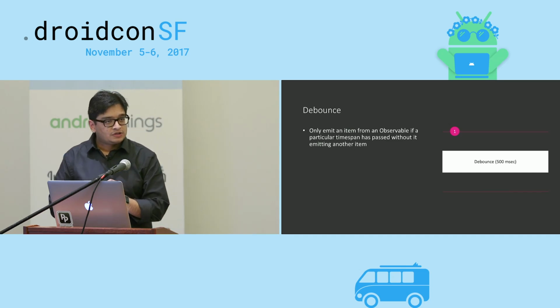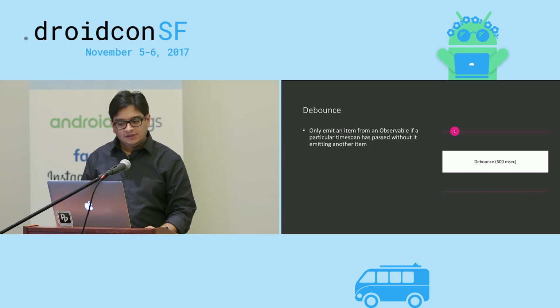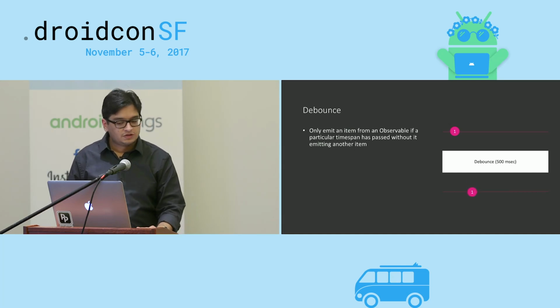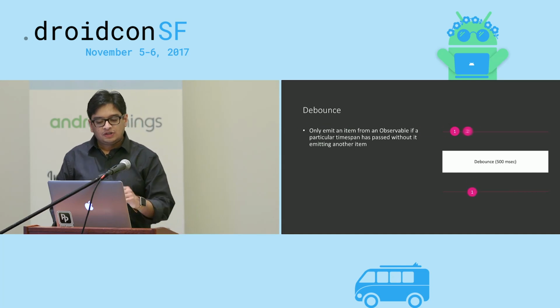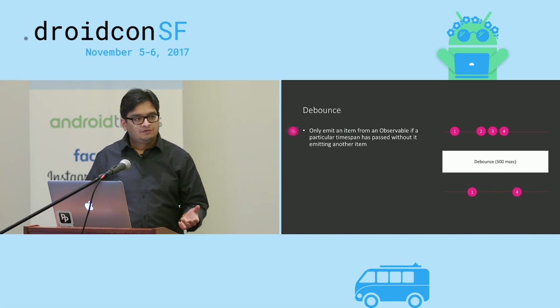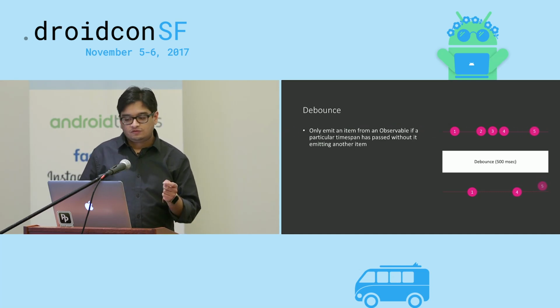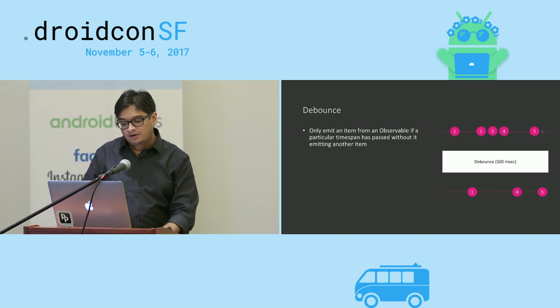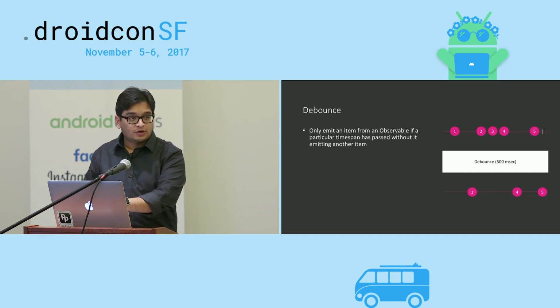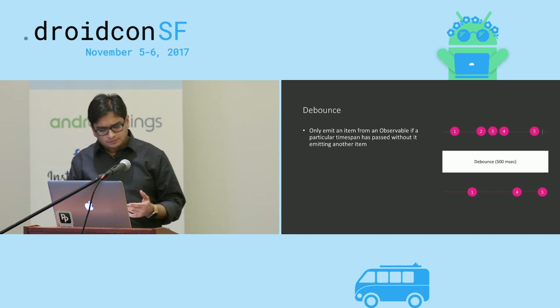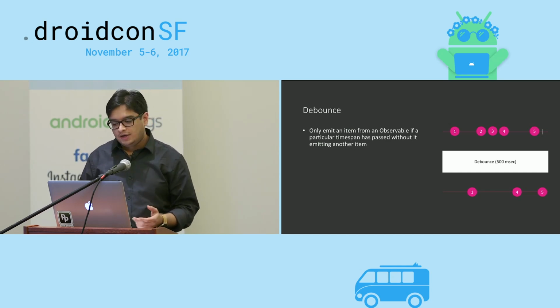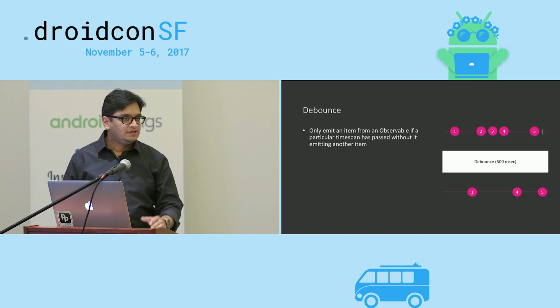A debounce operator looks at that and says, okay, no more search for 500 milliseconds, that's a valid search, I'm going to pass it through. Now say, for example, the user types 2, 3, and 4. 2 and 3 are invalid, right? We still need to wait for the 500 milliseconds to finish. And that's where the 4 comes into the picture. After 4, there is really no more search being typed and 500 milliseconds has passed. That's good enough. We can make that search now.